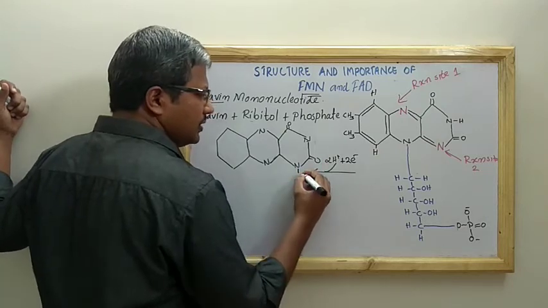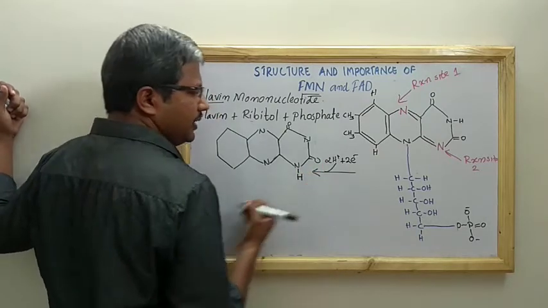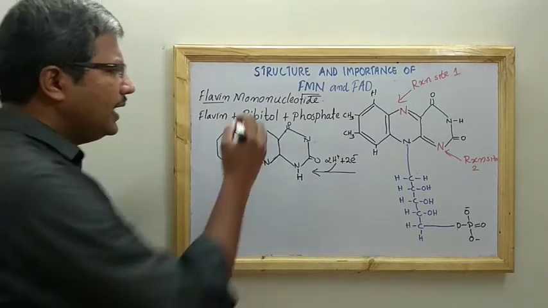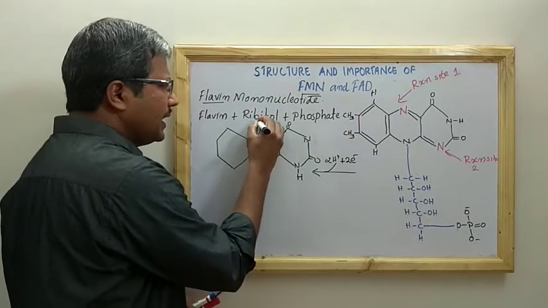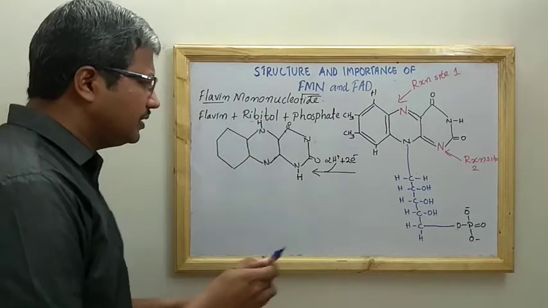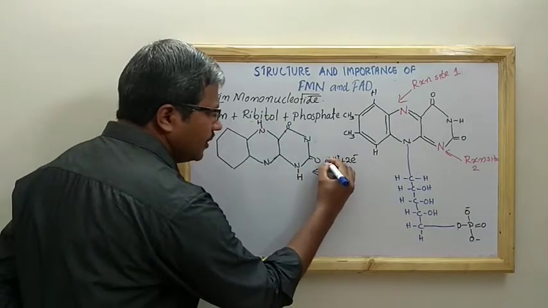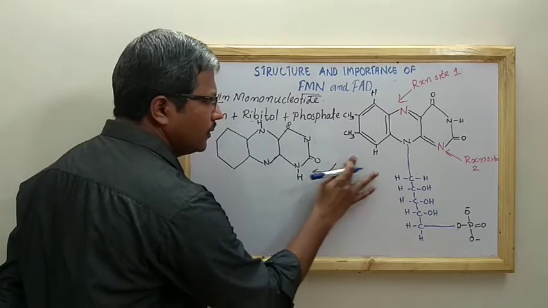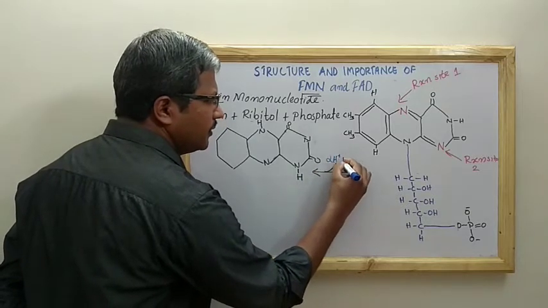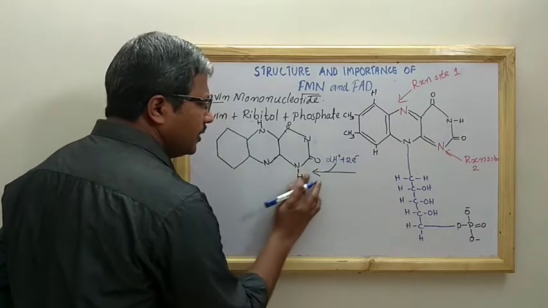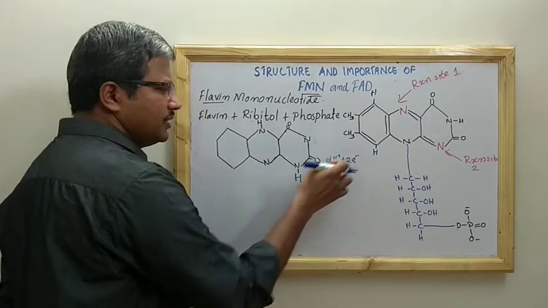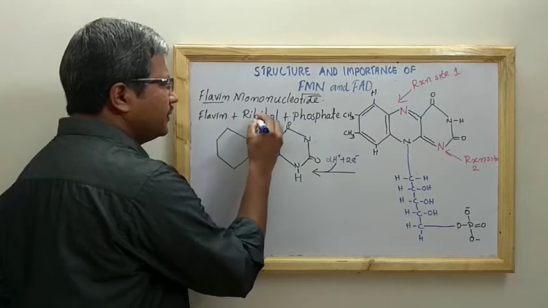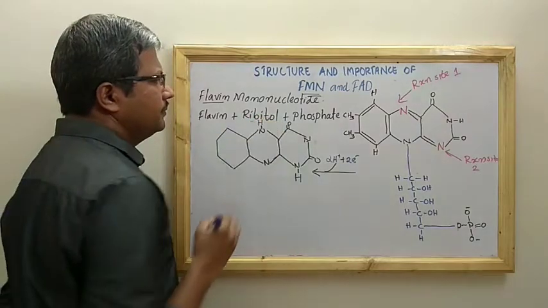This particular hydrogen will be added at this point. Okay, and here also we know that no more hydrogen is there. One hydrogen will be added here. I'm just making it with a different color so that you will understand. So I'm just making it 2H+ and 2e-. So I'm just changing it as the blue H so that you can understand this H+ is here and this particular H+ is here.